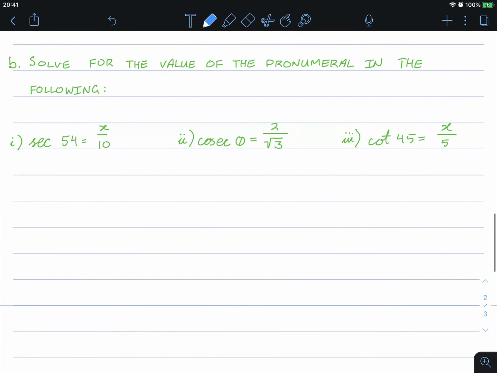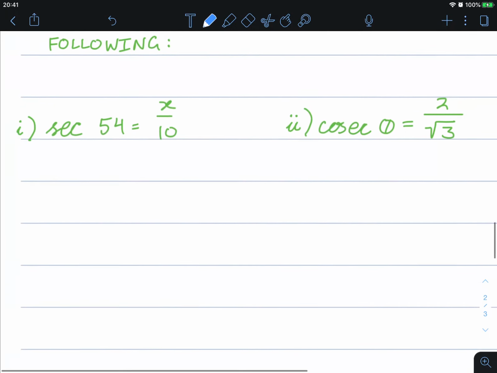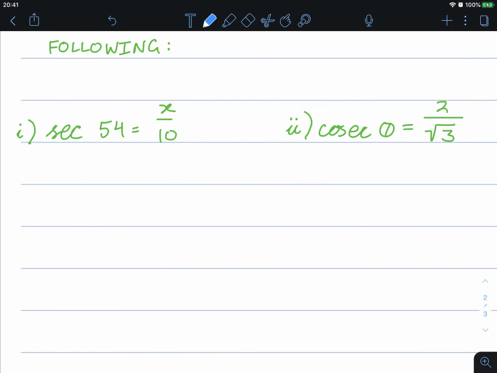Let's do 3 more examples for this. So let's solve for the value of the pronumeral in the following. Here we go. So in this case, we want to solve for x. Normally we don't have a reciprocal button. So what we can do instead is we treat this in terms of cosine. So sec, remember the third letter, relates to cosine. If we did cosine of 54, we took the reciprocal of this, which means we take the reciprocal of this one as well.